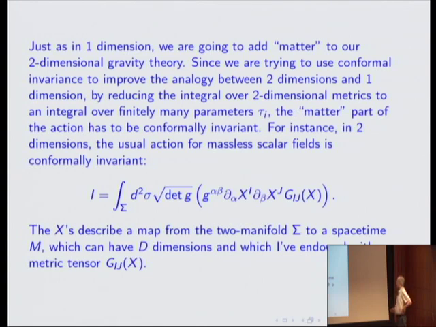And I've let the space-time have a metric, which I now call capital G. So this action is the two-dimensional version of the action for a free point particle that we used before. And it has the non-trivial property of being conformally invariant, precisely in two dimensions. So that's essential to make it work because we used conformal invariance to improve the analogy between two dimensions and one dimension.